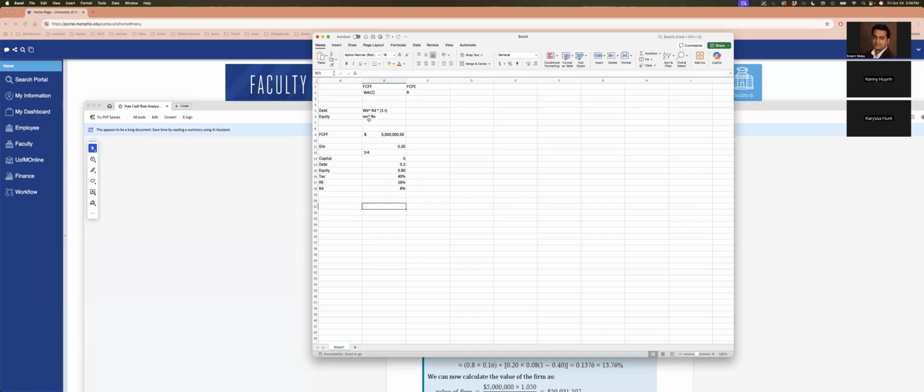So the weighted average cost of capital equals WD, the weight of the debt, times the rate of the debt times 1 minus T, plus WE, the weight of the equity, times the rate of the equity.